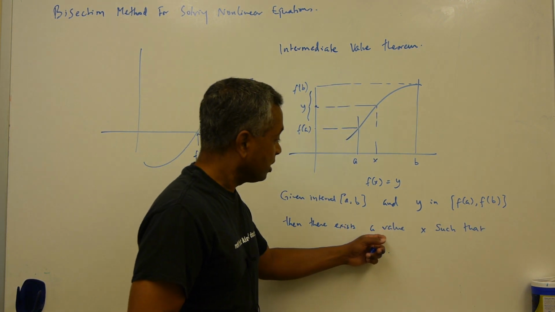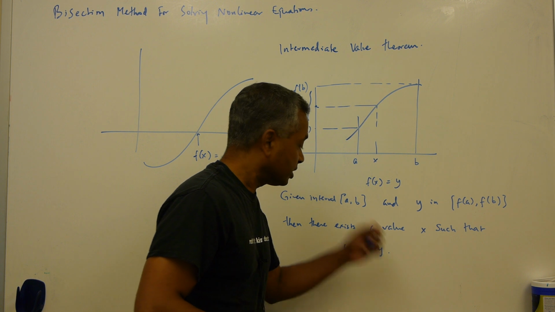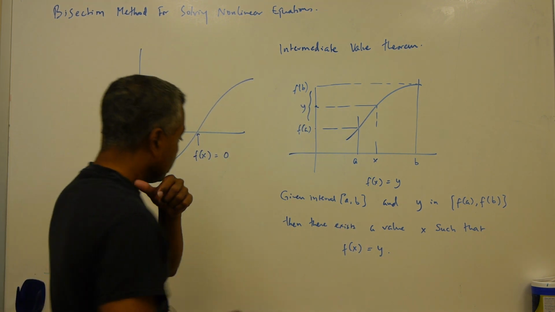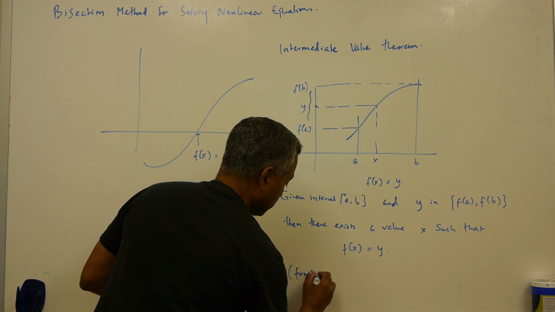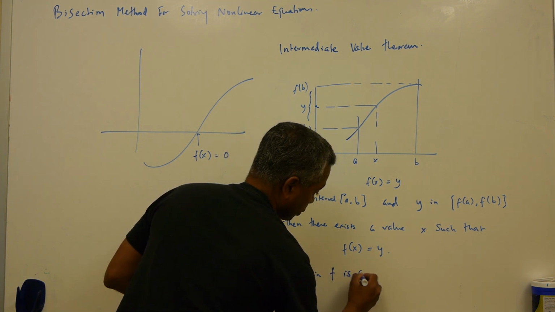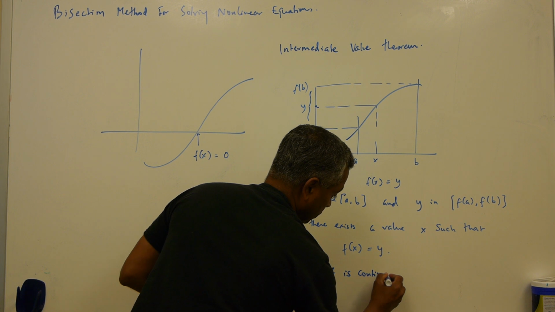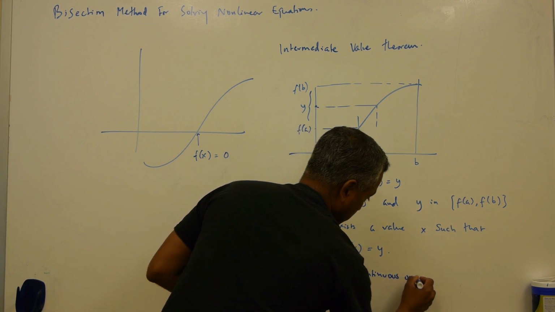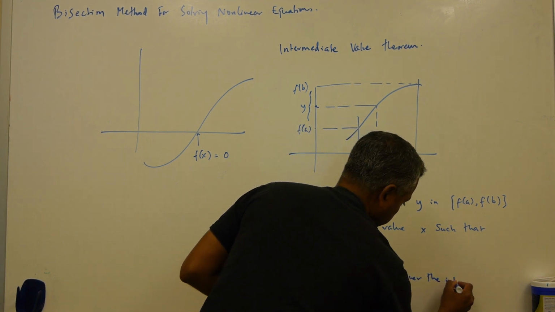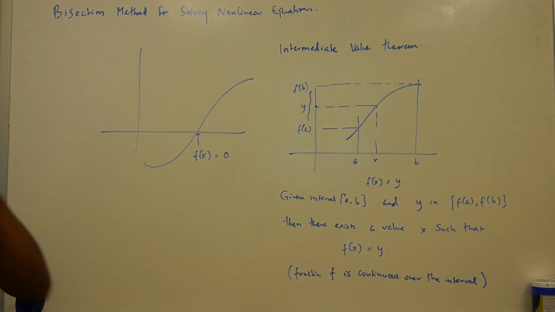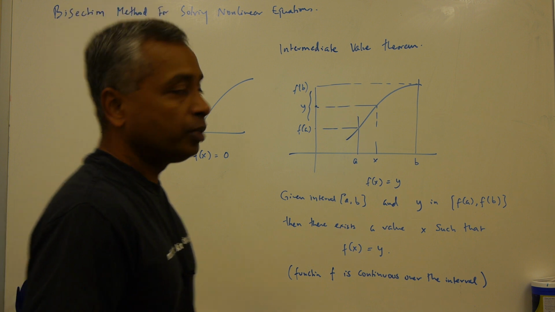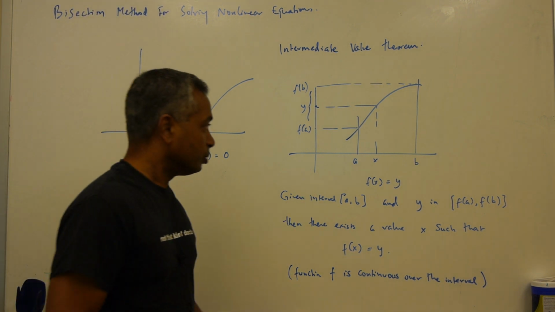Then there exists a value x such that f of x equals y. I've made an assumption here. I've assumed that function f is continuous over the interval. Okay, so nothing deep here. I'm not going to prove this, but this is a relatively simple proof.